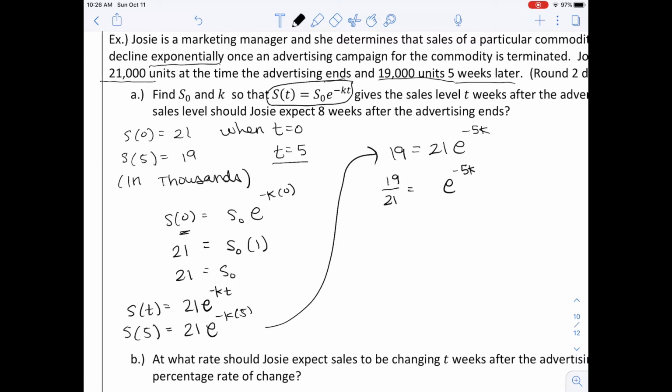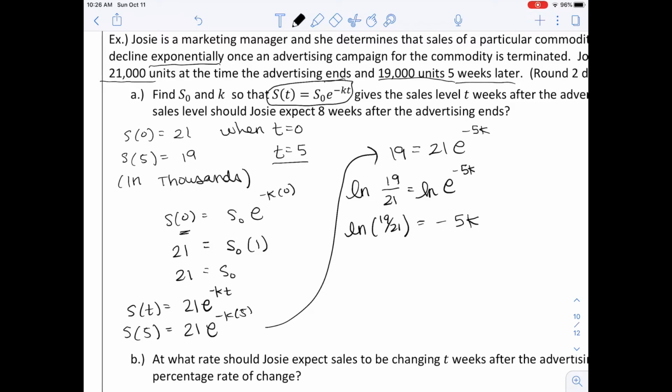To solve this, I'm going to use a logarithm. I'm going to use ln, our natural log, and take the logarithm on both sides of my equation. And I have ln of 19 over 21 is equal to, and from our rules on logarithmic functions and exponential functions, ln of e is just going to be 1, and so we're left over with negative 5k.